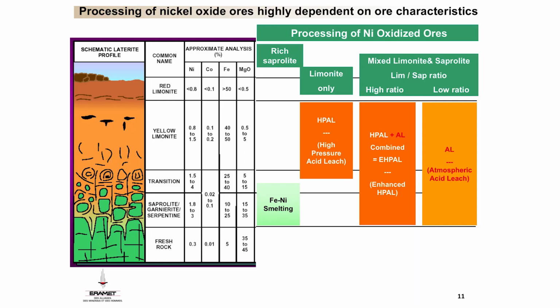Cobalt is at a level of 0.1 to 0.2% in the limonite, but rather low content in the saprolite. Iron, there is a decrease of the iron, and it's very important. You see, in the limonite, you find between 40 and 50% of iron. It's an iron ore. As in the saprolite, the iron is much lower at the level of 10 to 25%.